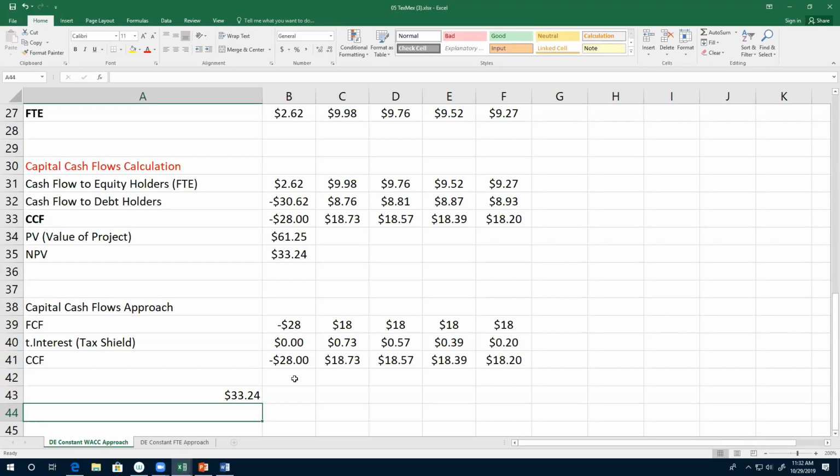Yeah, that's a good observation. In the APV approach, this was getting discounted at 8% separately, and this was getting discounted at 8% separately. And I see what you're saying. You're saying basically you're doing the same thing, just combining the two, but that's not always going to happen.